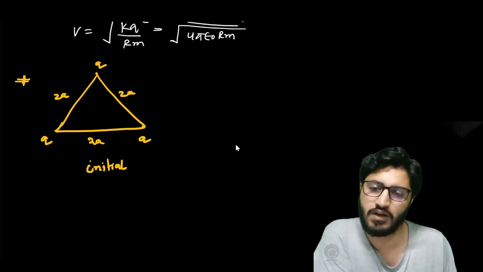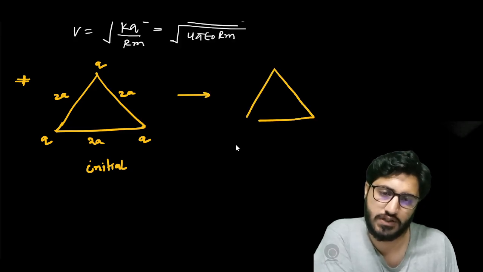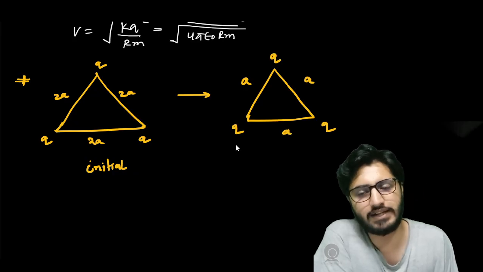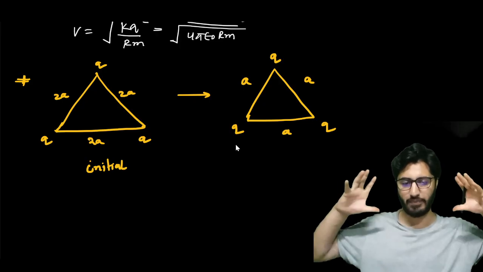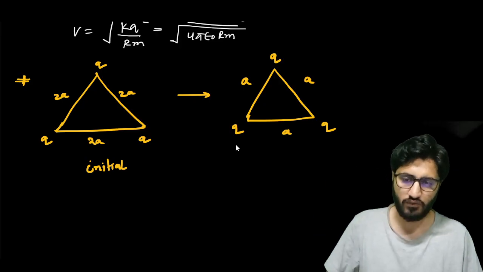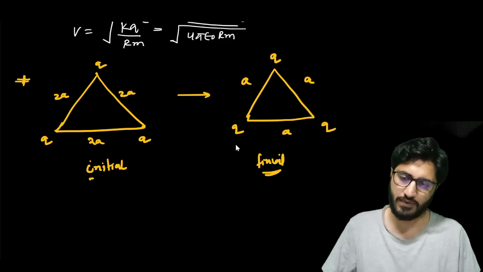Now, what happens? We are bringing them closer to each other, to distance a. We know that they are repelling each other, but by applying some external force, they will come closer to each other. So we will get the final condition. This is my initial, this is my final.